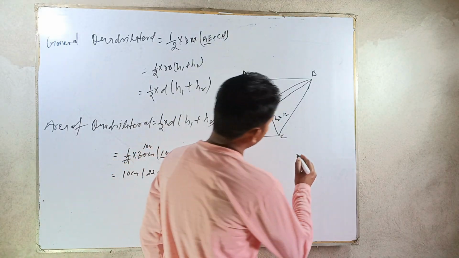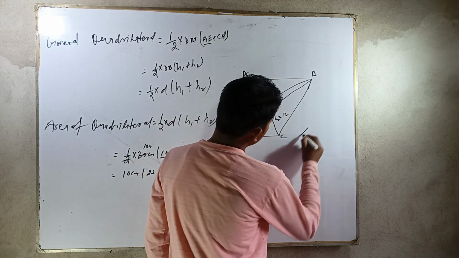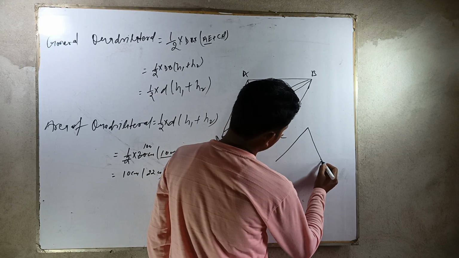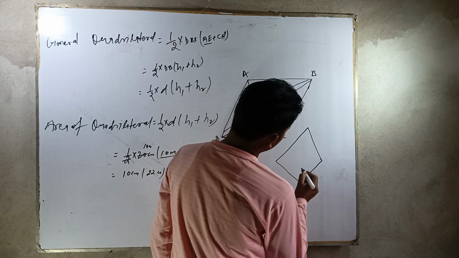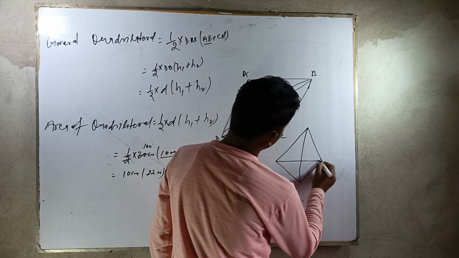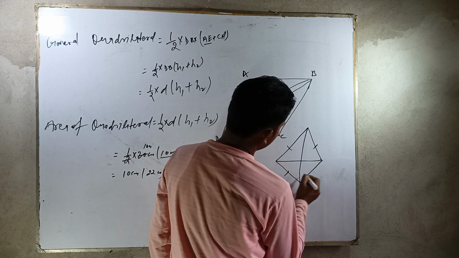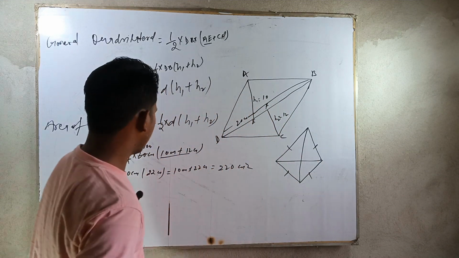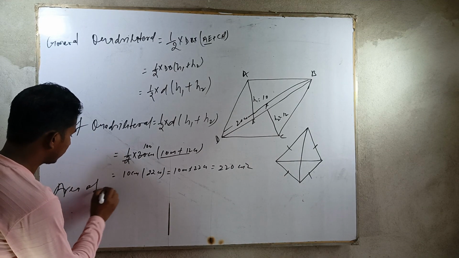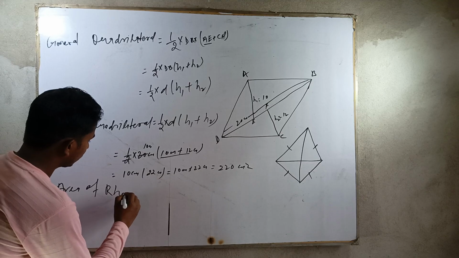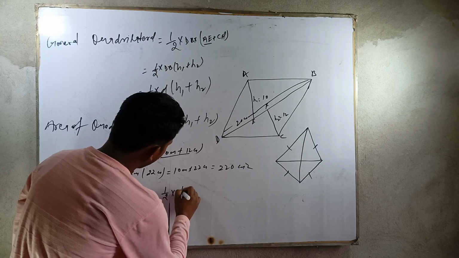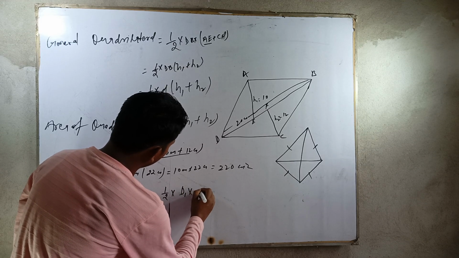Sometimes a rhombus is also given, and its area is also to be found out. Suppose this one is a rhombus, each and every side is equal. Then the area of a rhombus equals 1 by 2 into d1 into d2.